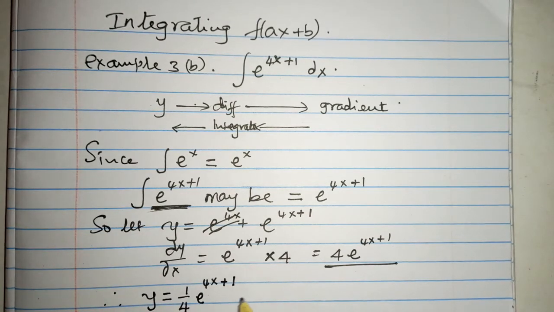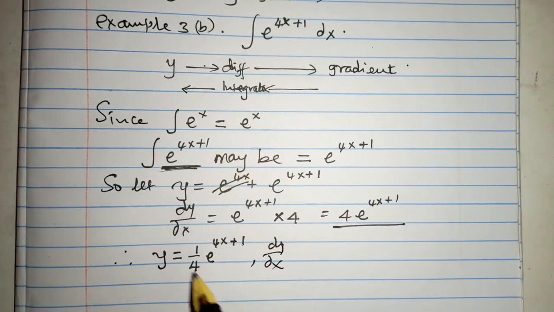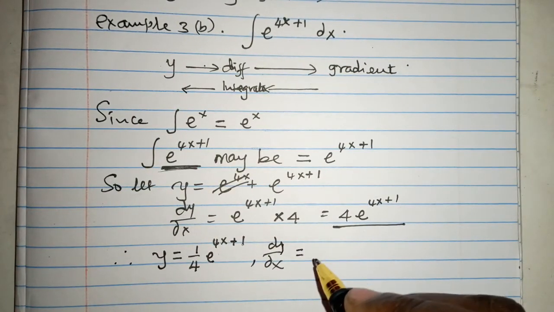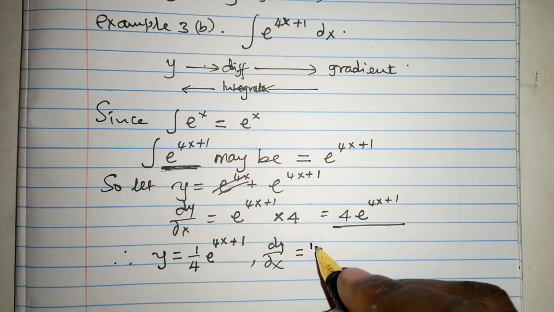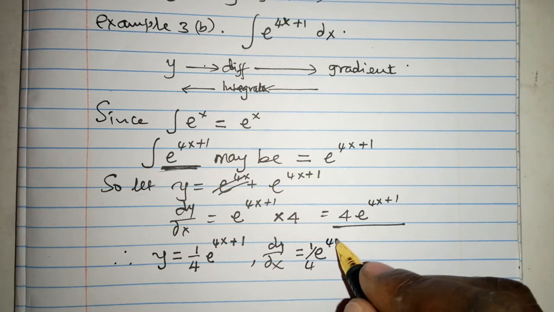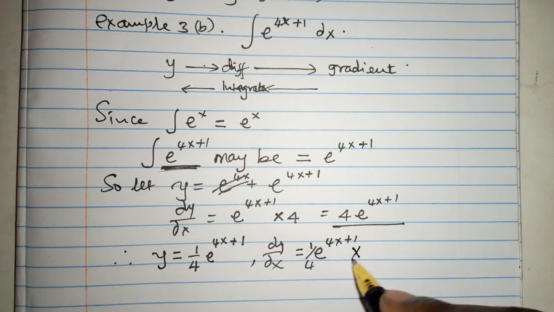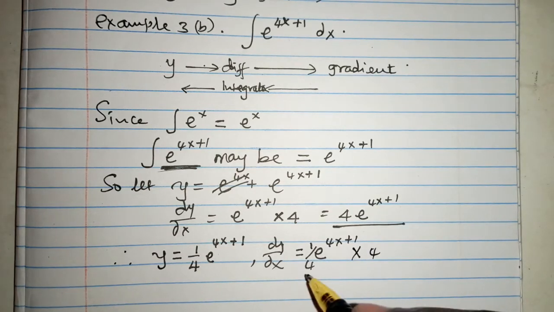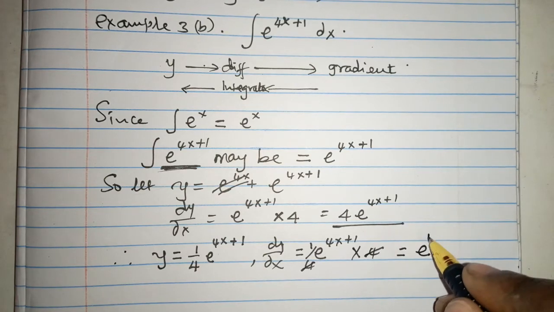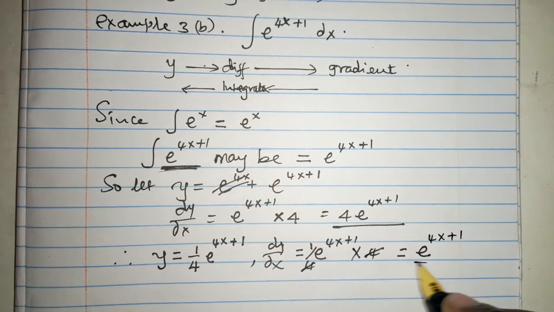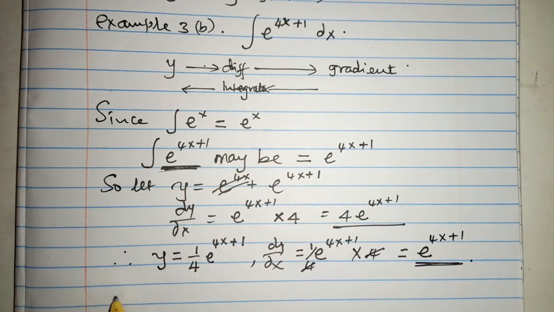Now dy/dx of this is a quarter e raised to power 4x plus 1, applying the chain rule, times 4. Now this 4 and this 4 cancel out, and it gives us e raised to power 4x plus 1, and that is it. So our y should have been this.